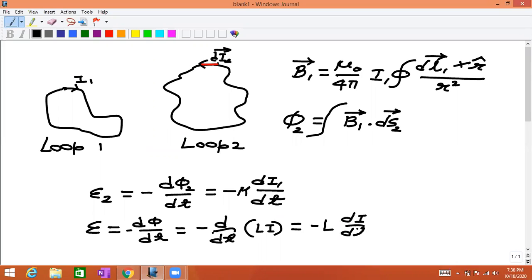This is the EMF induced in loop 1, and this L is called self inductance.